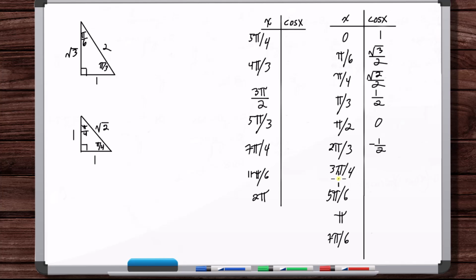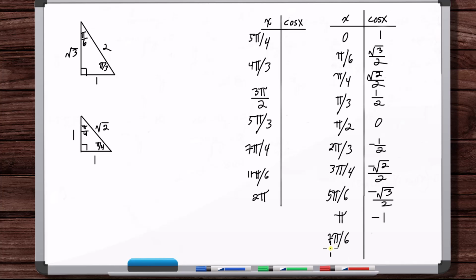Okay, here's the 45-degree reference angle corresponding to the second quadrant, so that's going to be minus root 2 over 2. Every cosine value in the second quadrant is negative. Here's the 30-degree reference angle, so here's the 30-degree, minus root 3 over 2. Okay, cosine of pi is negative 1.